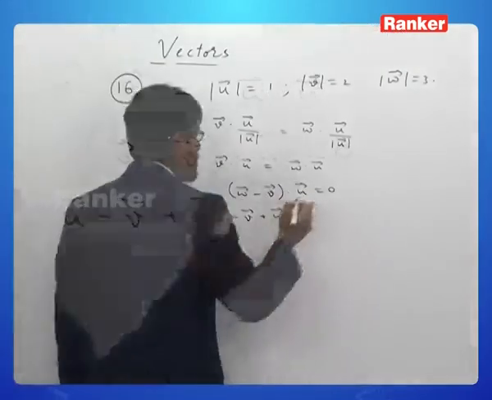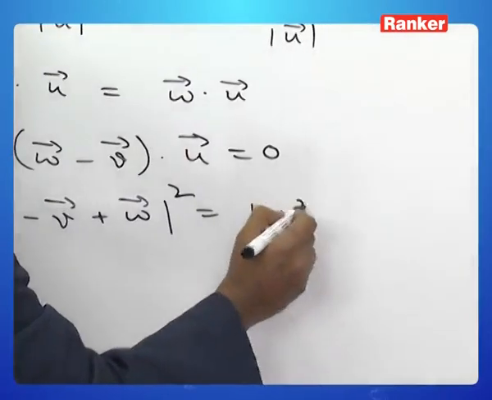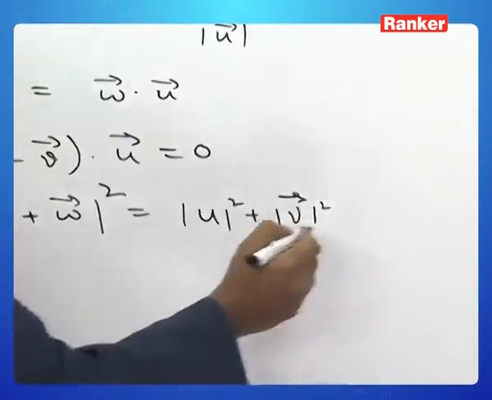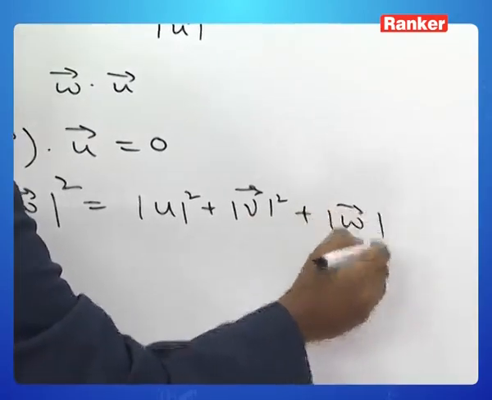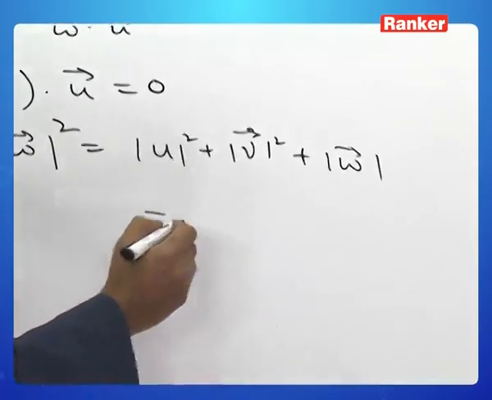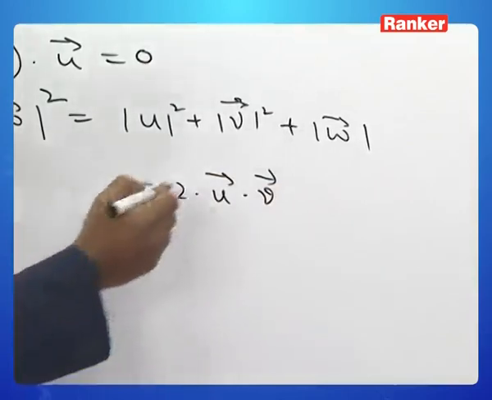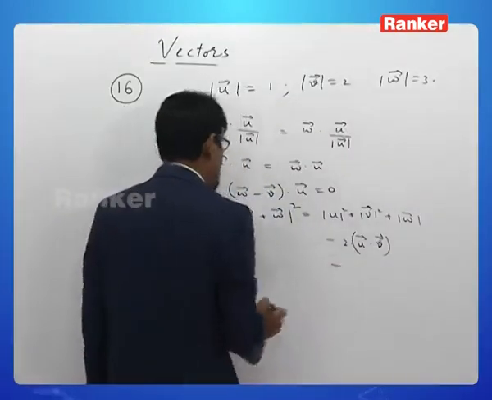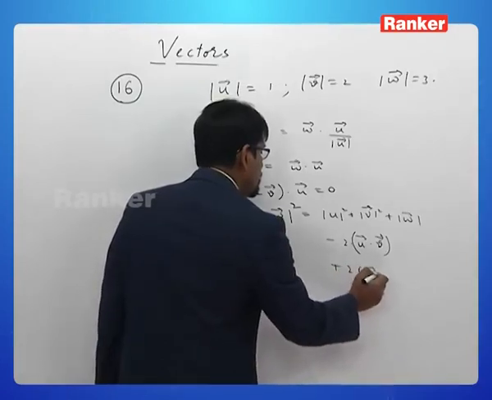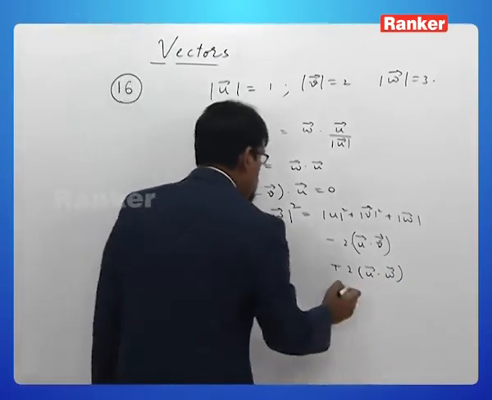Let's consider the square of it. That turns out to be the magnitude of u square plus the magnitude of v square plus the magnitude of w square, minus 2 into u dot v, plus 2 into u dot w, minus 2 into v dot w.